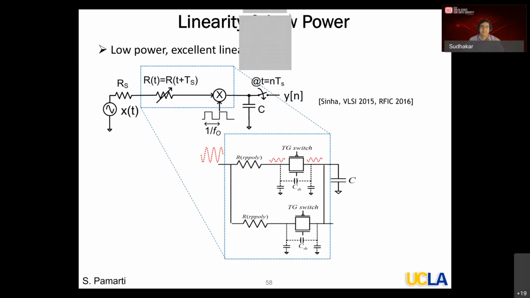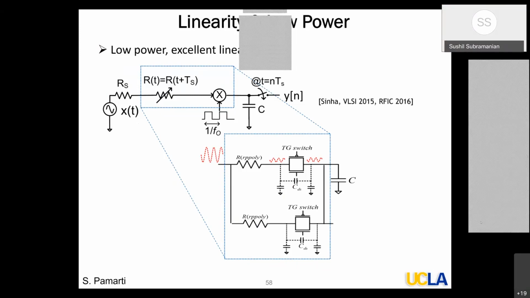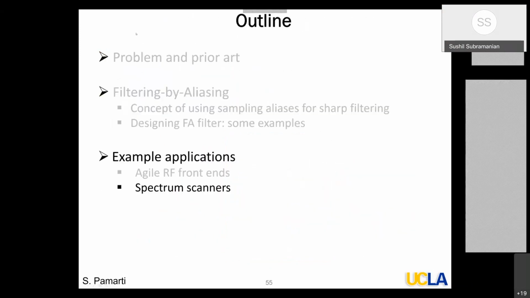Hi, I have a question. This is Sushil from Intel. I was just wondering, particularly in the time interleaved case, it looks like you want to time interleave twice in order to improve your stop band attenuation, but at the same time keep the same sampling rate for the signal, essentially.